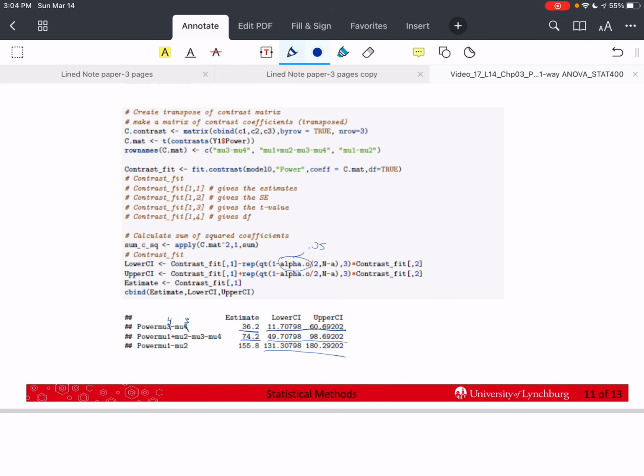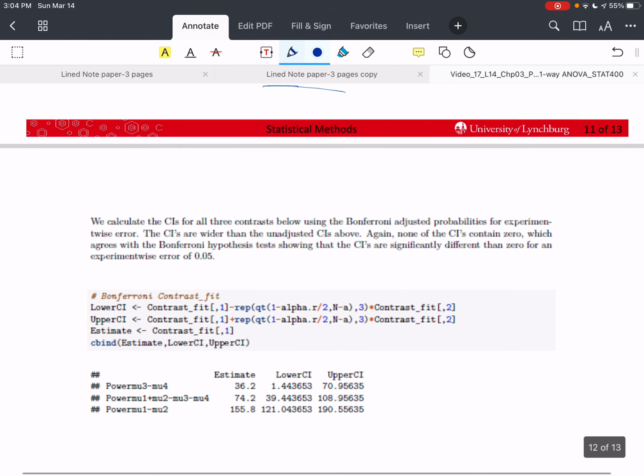And 11 is a little ways away, 49 even more, and 130 even further away. So looking at these confidence intervals, we can say that mu3 and mu4 are on average 74.2, whatever the unit is for etch rate, greater than mu1 plus mu2.